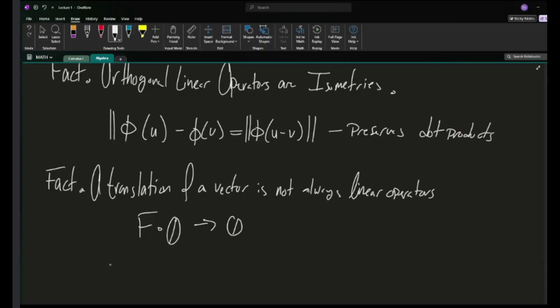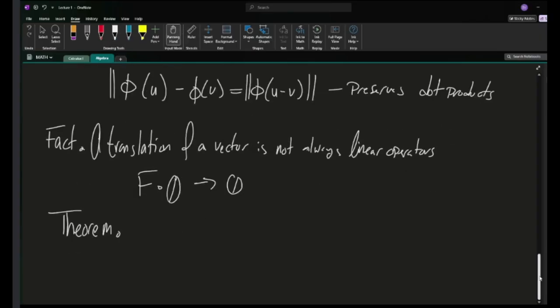All right. So we get into our first theorem. Let phi be a mapping from Rn to Rn.